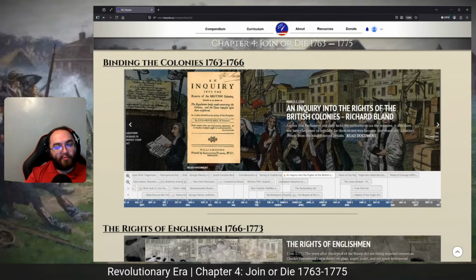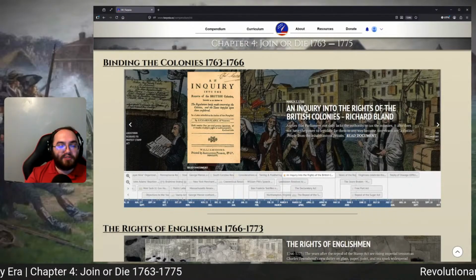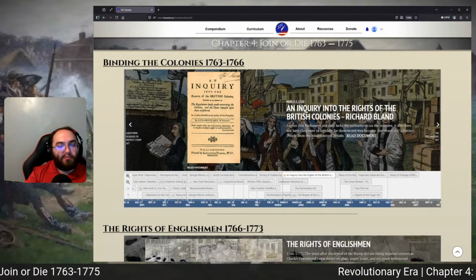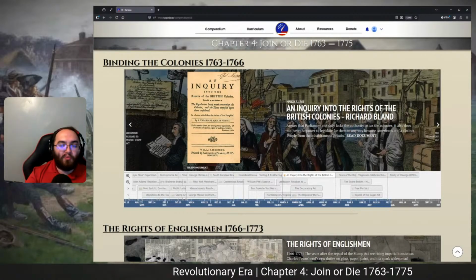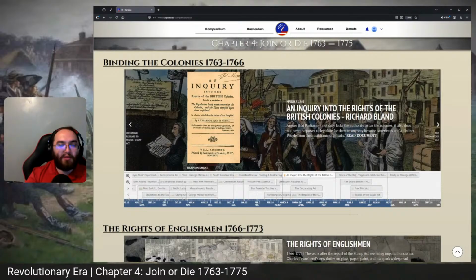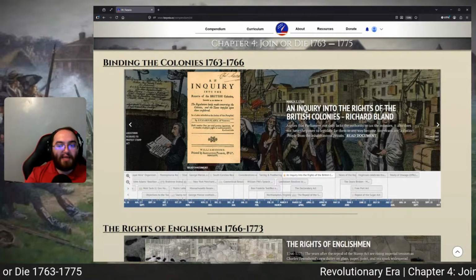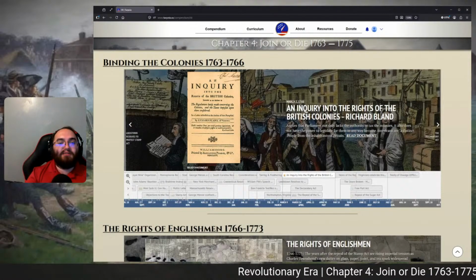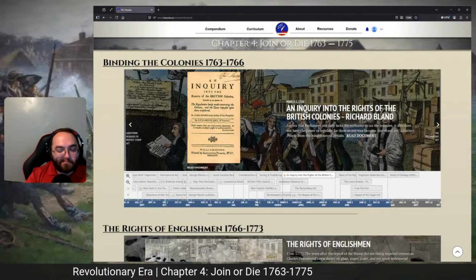So if they were to call themselves distinct, then they wouldn't be deserving of the same English rights. Well, now you have Richard Bland, and soon others, who argue that because they are separate people, they deserve to have separate representation and separate rights, and Parliament does not have complete control over this separate group of people.